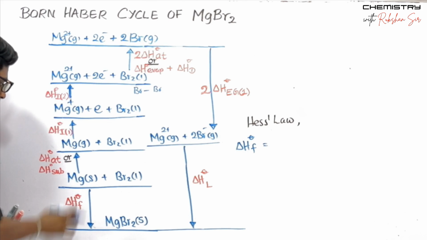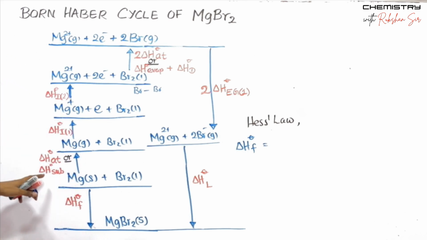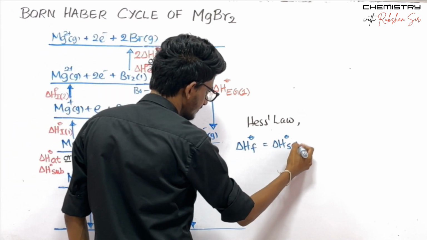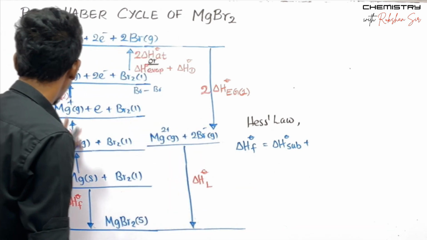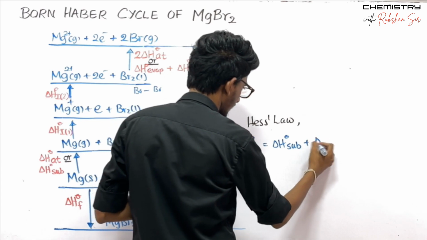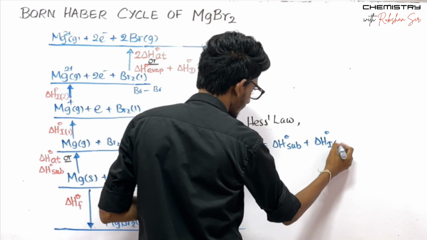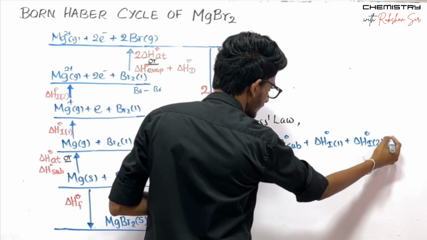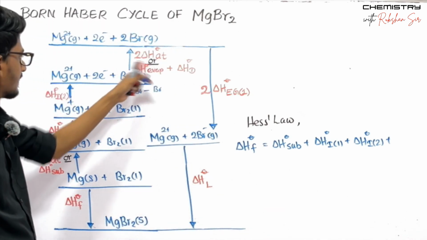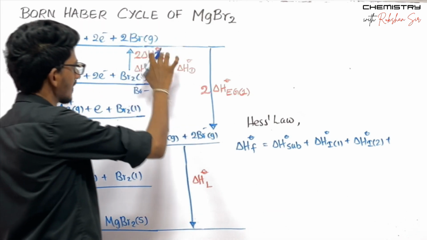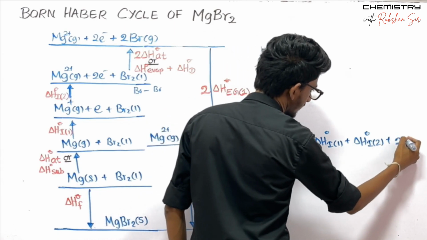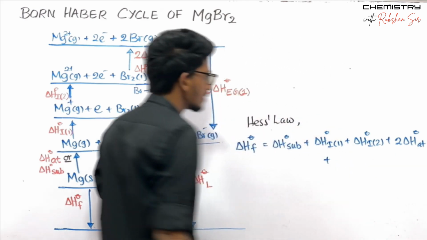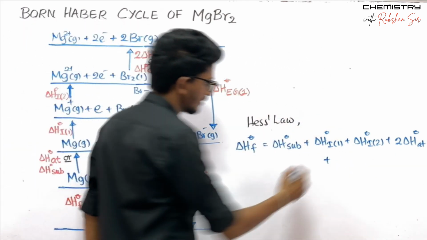Starting with this, I'll go with sublimation here, plus this thing, ionizations, then this one I'll go with atomization in this case, and then two electron gains are there.